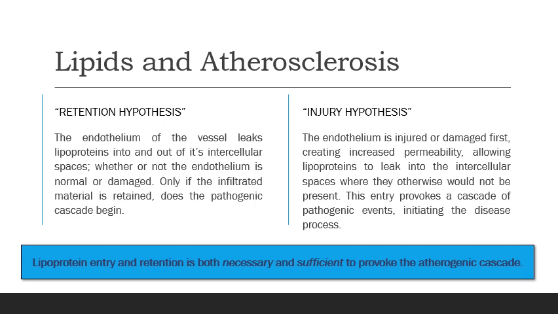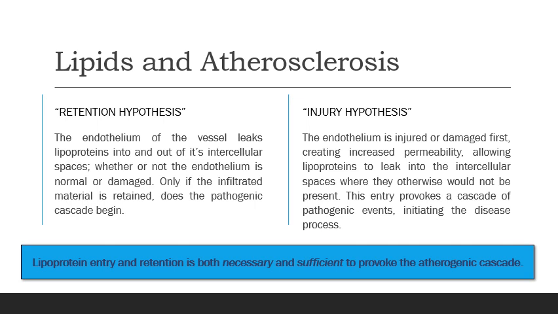You see, entry of the particle into the endothelial spaces is driven by a concentration gradient. The greater the concentration of particles within the lumen of the vessel, the greater the driving force of pushing those particles into those open spaces.